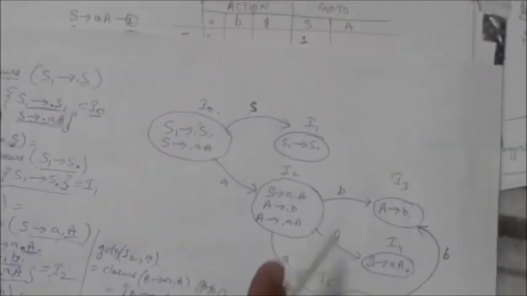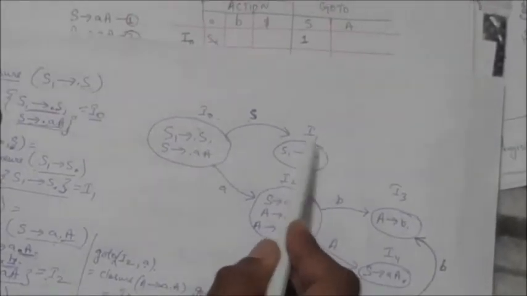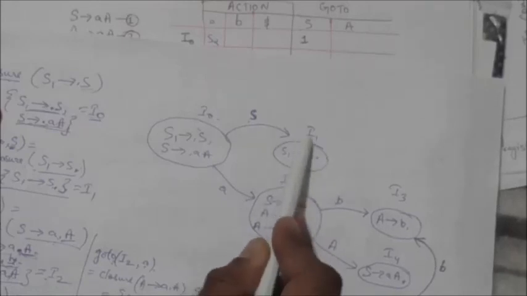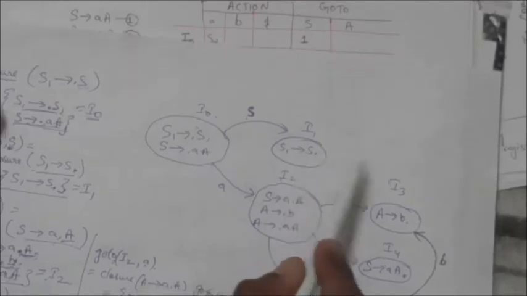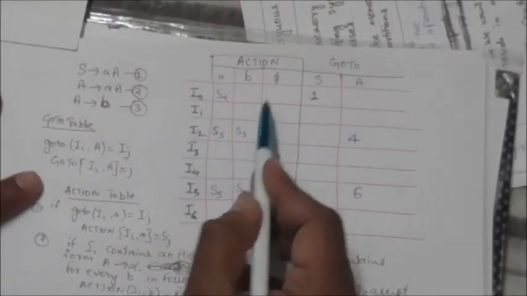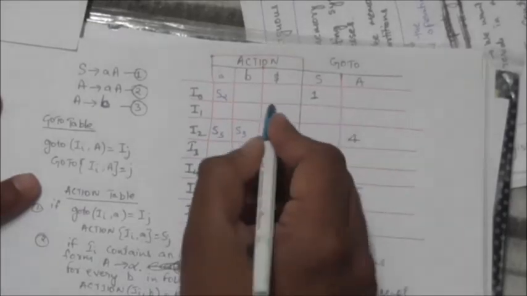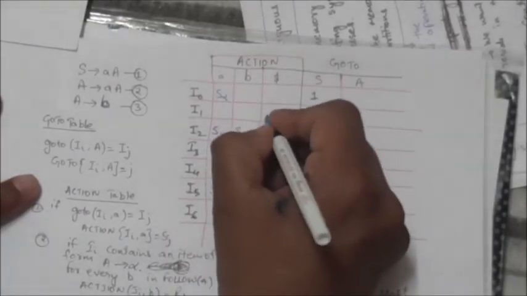So here you can see that in the I1 state we have this item S1 derives S dot. So in the action table, row labeled by I1 and column labeled by dollar, I will write accept.